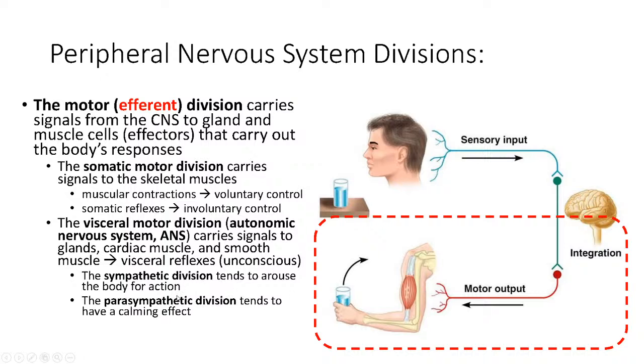The parasympathetic division is also known as the rest and digest division. And so basically, when we are not in danger, when we do not perceive a threat, when we are not stressed, the parasympathetic division will take over and it will tell the heart rate to go ahead and slow down. Don't need to beat so fast.